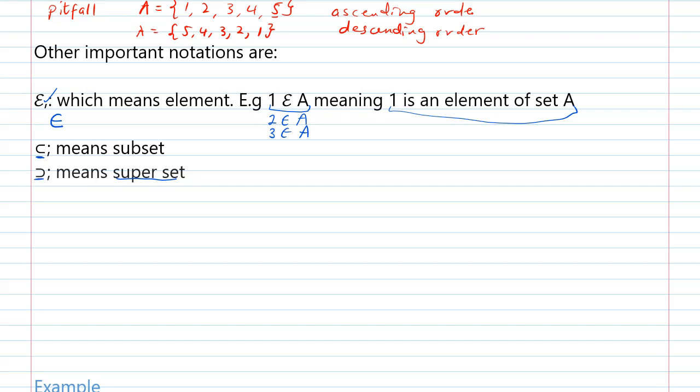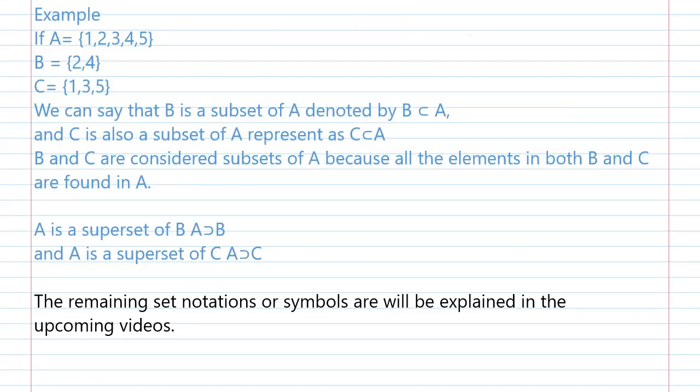Let's now take some examples to further cement our understanding. If set A equals 1, 2, 3, 4, and 5, set B equals 2 and 4, and set C equals 1, 3, and 5, we can say that B is a subset of A. Why is that the case?